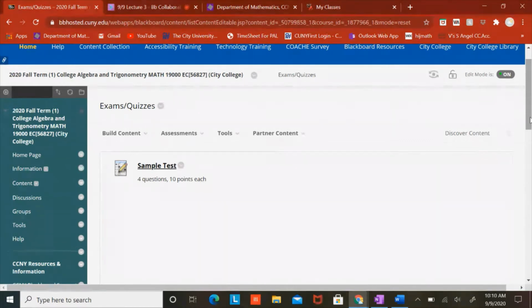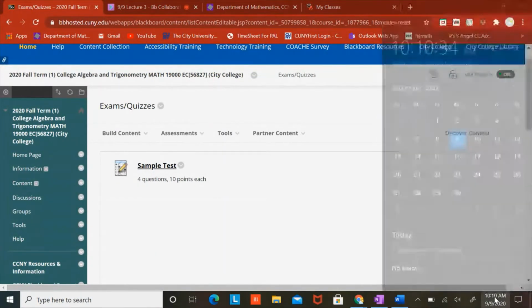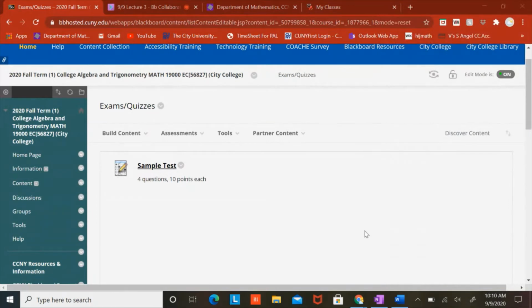So there's a lot of good things about taking a test on Blackboard because it keeps you on track of how to maintain your time and be very careful with your answers. So take the sample test, try it out, and then in our next class, which will be on the 14th, we will have our second quiz on Blackboard. So that's the update I have. Any questions on this?